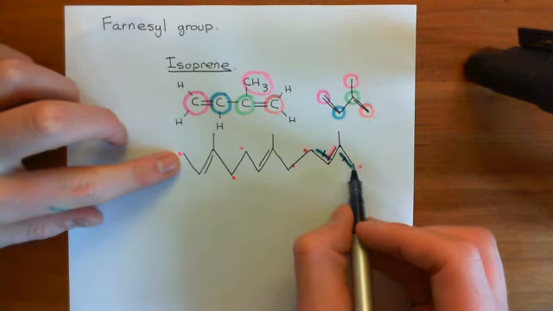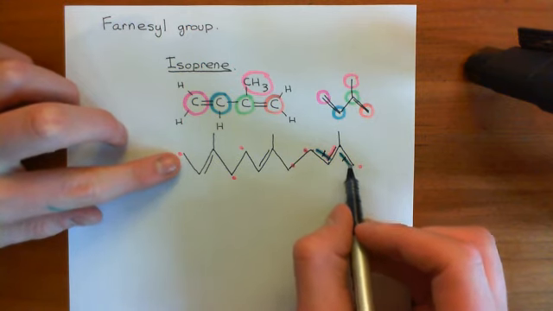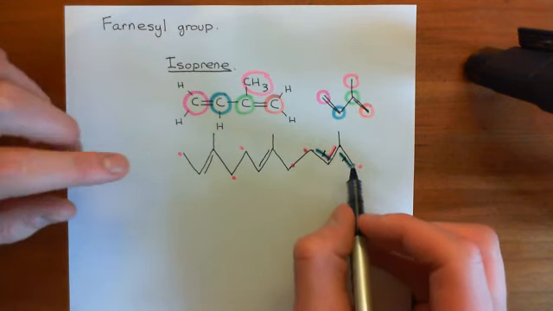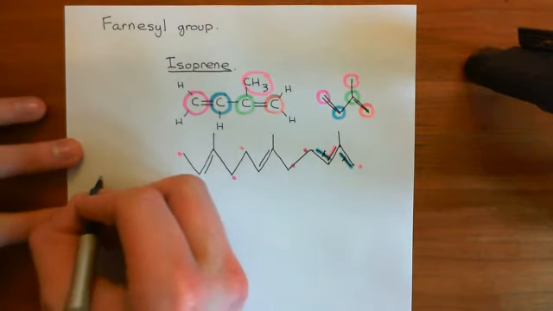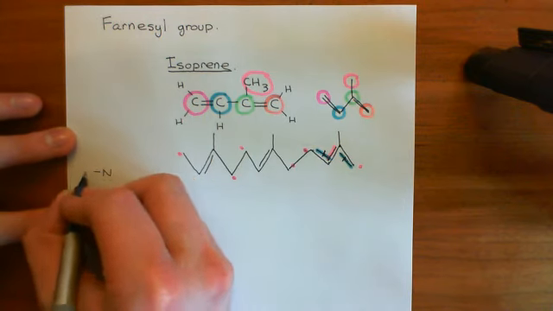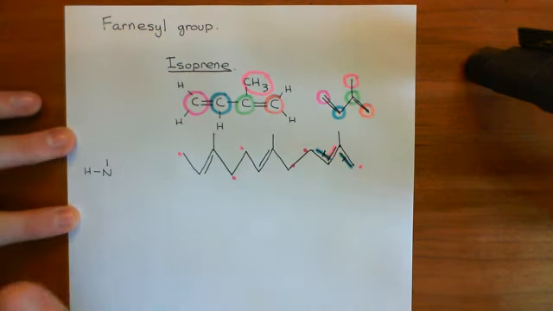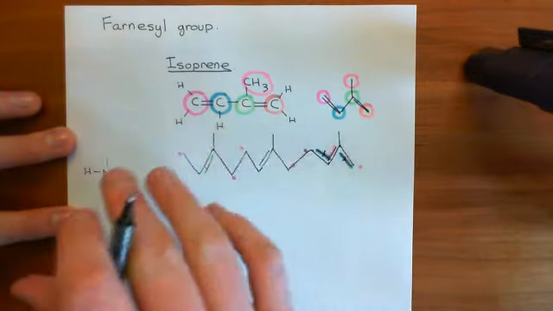So what we're going to do is attach this farnesyl group onto a cysteine residue within the polypeptide of the RAS protein. So let me show you how. Once again, I haven't actually stressed this as yet, but what I'm going to show you is not a molecular flow diagram.